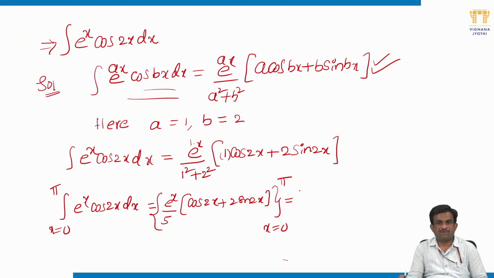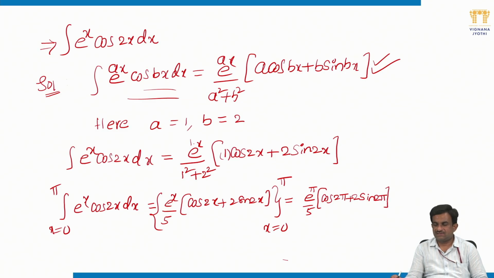Substituting the upper limit, x equal to pi, we get e power pi by 5, then cos 2 pi plus 2 sin 2 pi, since x is equal to pi at the upper limit.